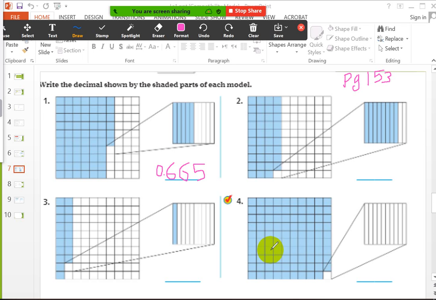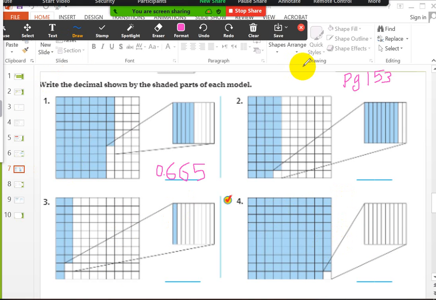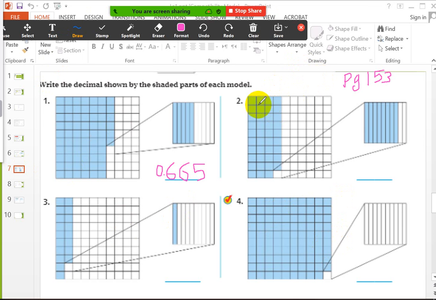Okay, I will repeat now the same model in different parts 4 times. So I repeat 4 times. Thank you girls. So let's count here the number of shaded parts to know the number in the decimal parts. So if in each column I have 10 parts, okay, focus with me.